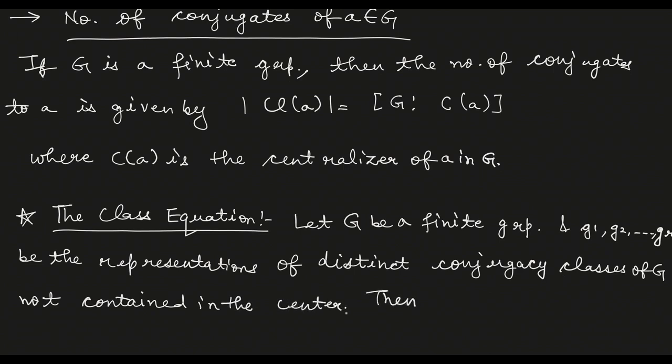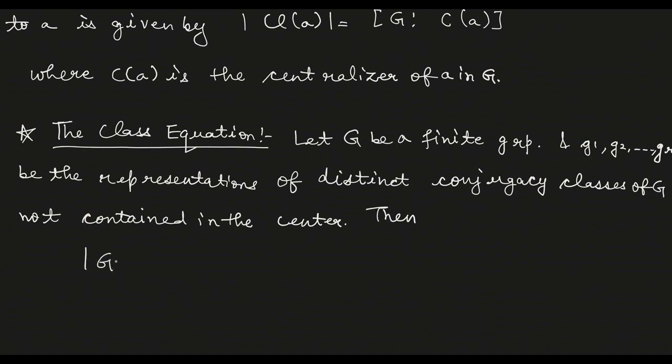Then the order of G is represented by the order of the center of G plus the summation i equal to 1 to r of the index of G is to C(gi), the centralizer of gi.